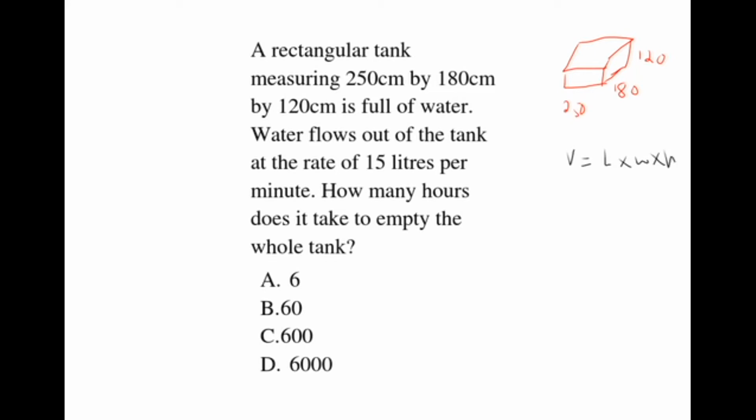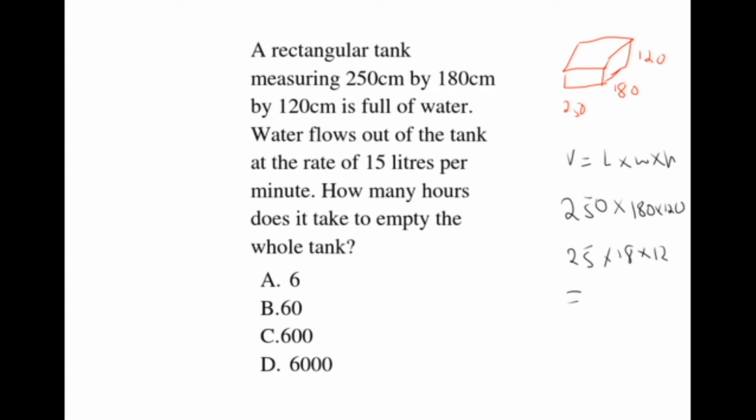Therefore, we shall have 250 times 180 times 120. In our case here, we can get 25, we multiply times 18 and we multiply times 12. Then after that, we add these zeros, 1, 2, 3. We add the 3 zeros. Therefore, we can have 25 times 18 times 12.